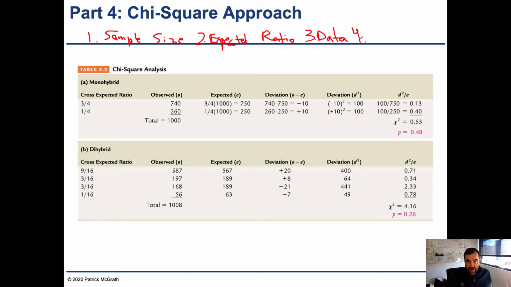And then you need to know what's called the degrees of freedom, which is typically just listed as df.